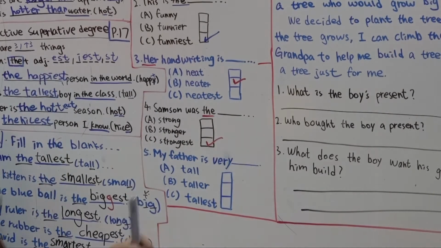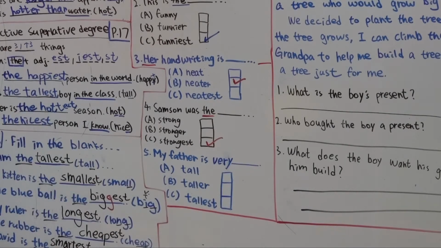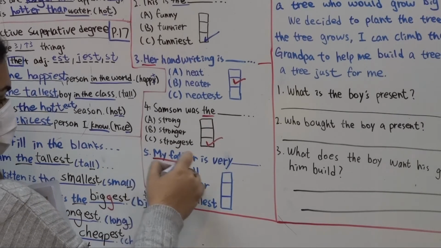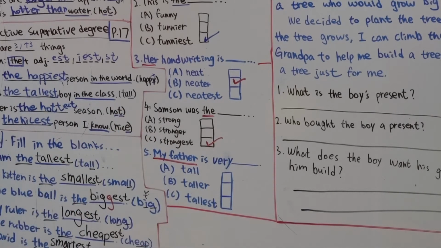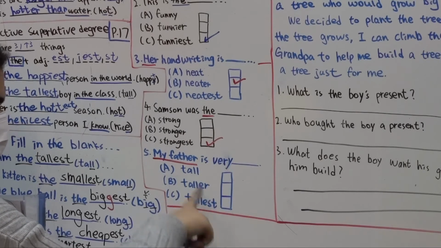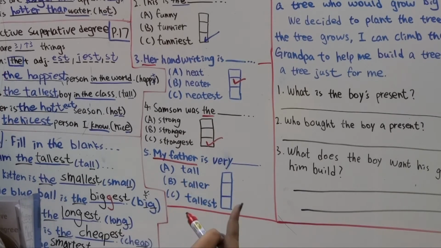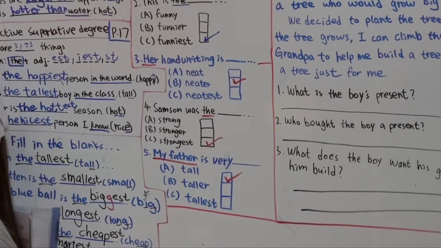Number 5. My father is very... How many people do you see in this sentence? Only one, right? So, is one adjective enough to describe a person? Yes. Okay? My father is very taller, tallest, or tall. For one person, we just use the adjective.